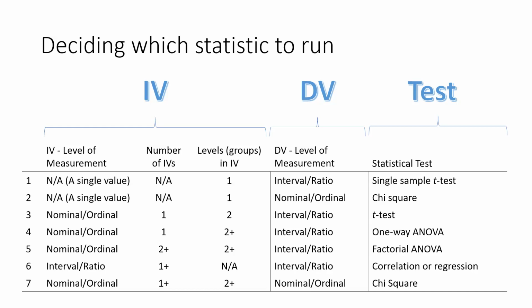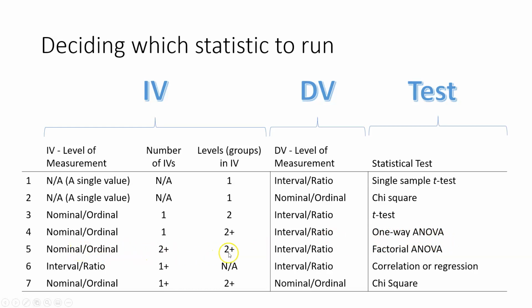You might have a sedentary lifestyle, an active lifestyle, an outdoors lifestyle, a gym rat lifestyle, or whatever. Remember, these are the levels of the independent variable, then you could compute how much people weigh on an interval ratio scale and run a one-way ANOVA to see if there are differences across those levels.